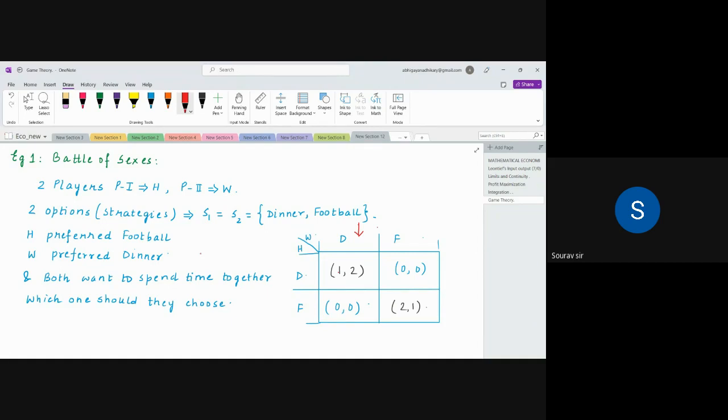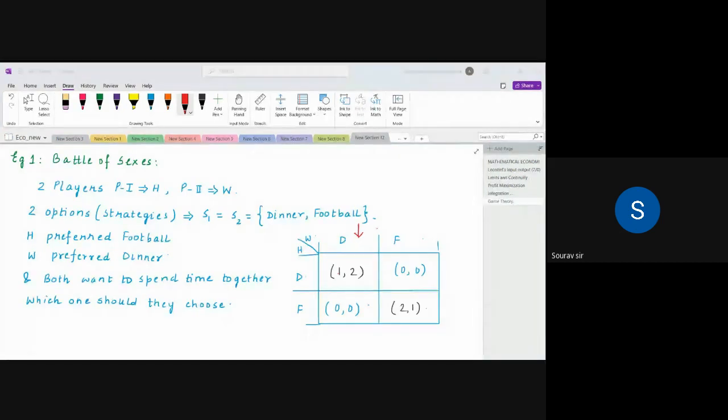If the husband chooses dinner, he gets a utility of 1, and if he chooses football, he gets a utility of 0. So, as a rational individual, he should choose dinner, correct? Others, could you follow this part? Yes, sir. So, just for your reference, just underline the 1. I'll tell you how it helps. This is just my trick of solving it faster.